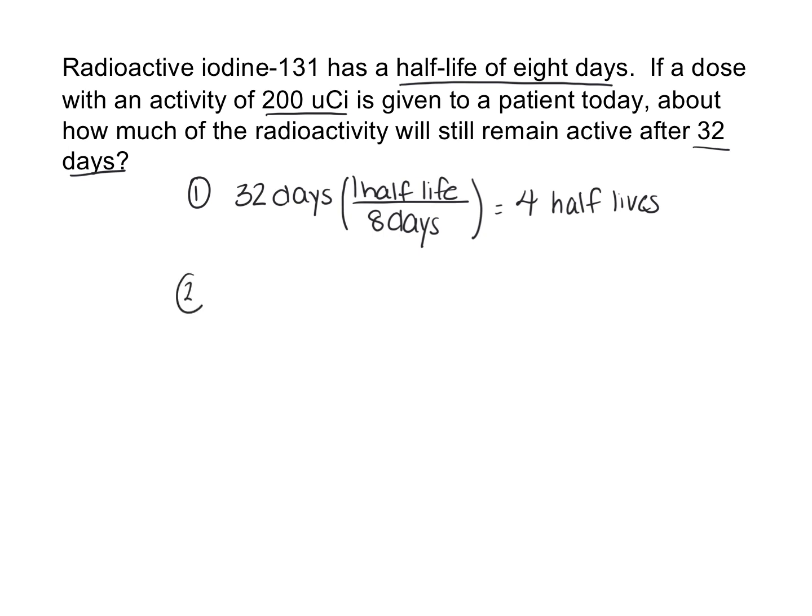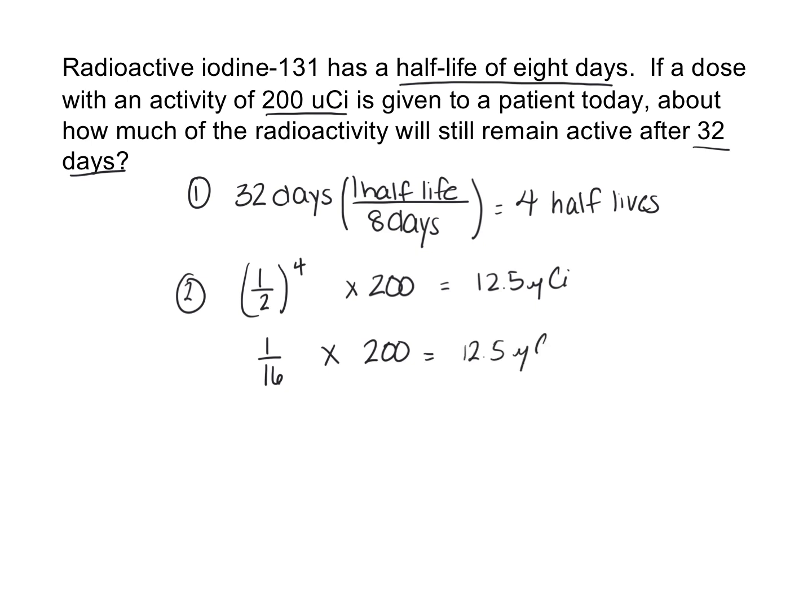So the next thing we're going to do is figure out how much still remains, because that's what's asked. And so we're going to take 1/2, and we're going to raise that to the 4th. Now, when you do this math, you should get 1/16. Then you're going to multiply that by the amount there, which is 200. All right, and you should get 12.5 microcuries, and it's 12.5 microcuries no matter which way we slice it.